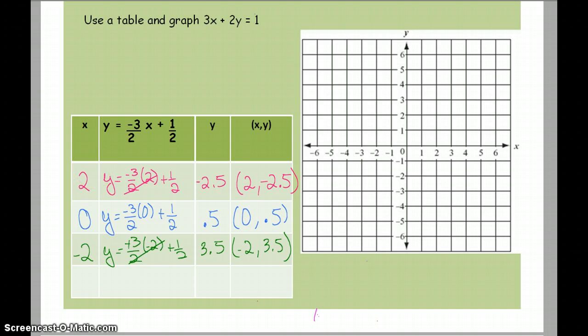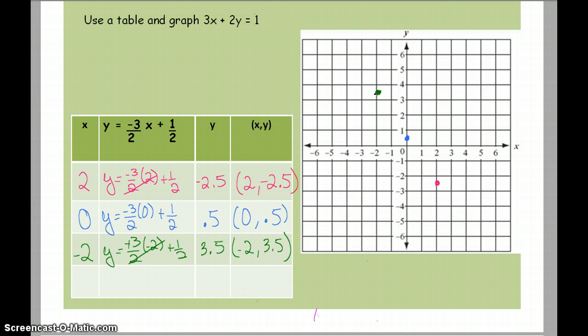Now we're going to go through and plot our points. First, I've got the point 2, negative 2.5. Now I have 0, 0.5. And now I have negative 2, 3.5. Okay, very important.